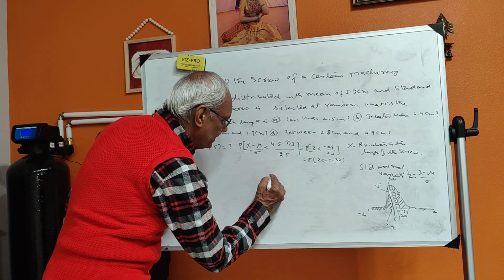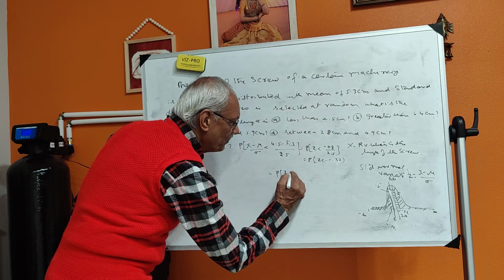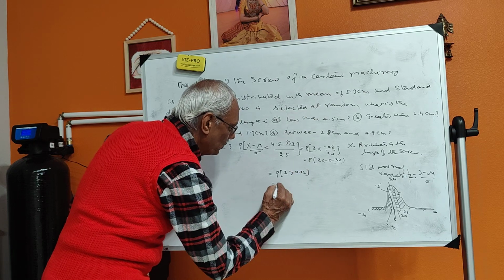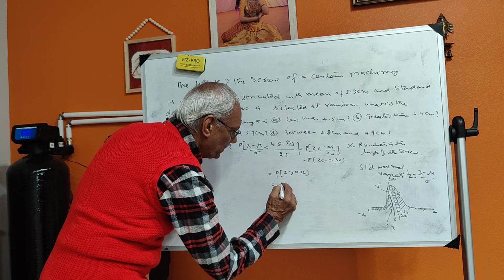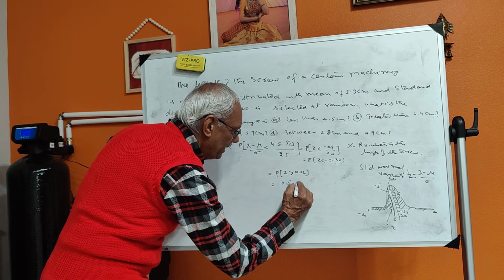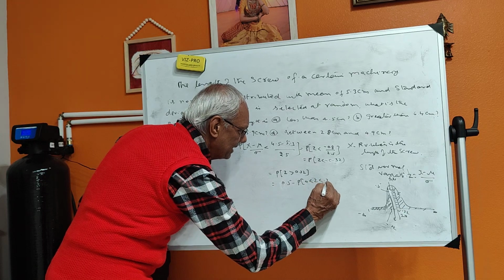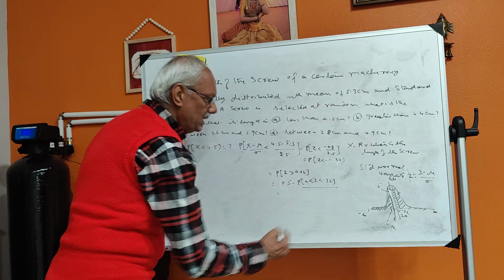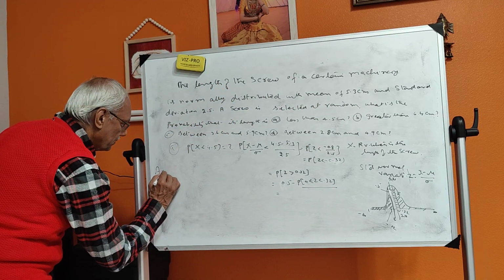That is, P of Z less than minus 0.32 means P of Z greater than 0.32, which is equal to 0.5 minus P of 0 less than Z less than 0.32. Now for this you have to refer to the table. What you have to do is go to the area under the normal curve table.